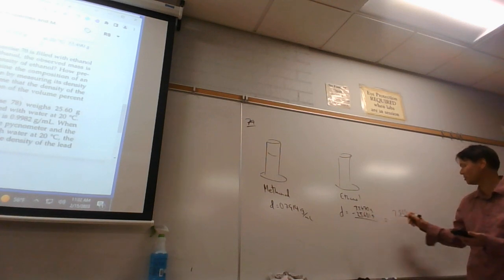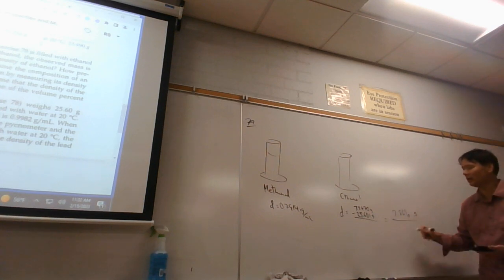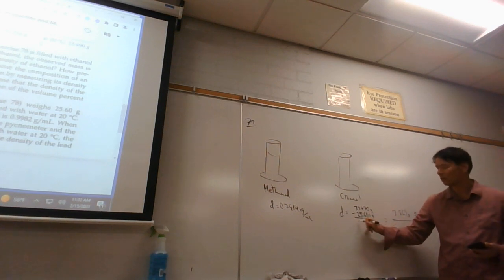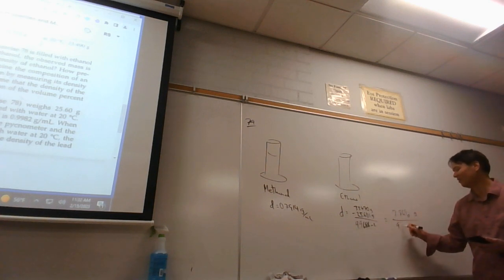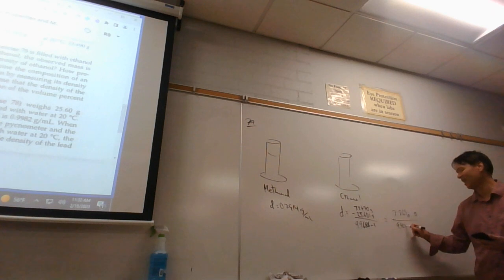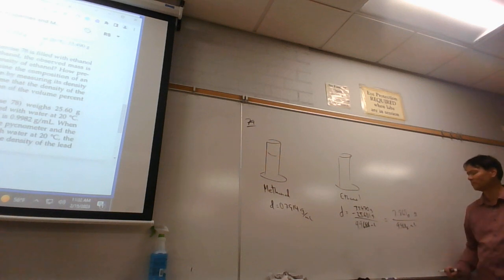We're allowed 3 decimal places, so I'll carry 1 extra digit, which will be the 0 grams. And the volume was 9.9688 milliliters. I think we're only allowed 4 sig figs for milliliters.